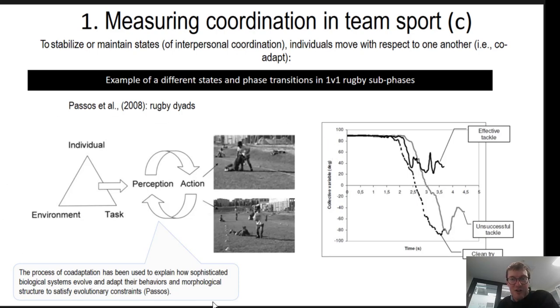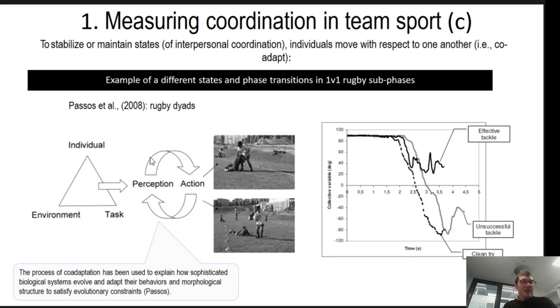And again, as a coach or a therapist, your goal is to help people to pick up on these opportunities for action, and you can manipulate constraints to help them do that.